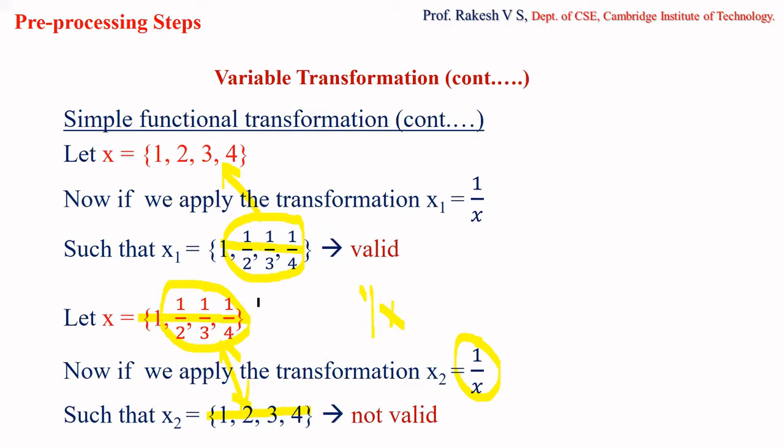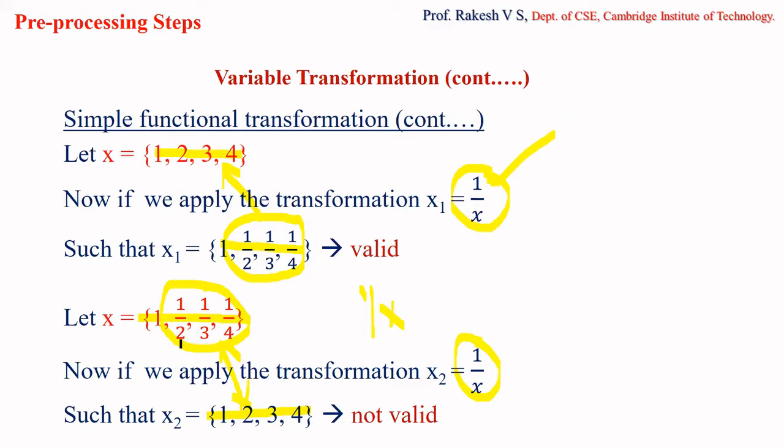When you apply a transformation, you should be very careful, because it is going to change the nature of the data. Hope you have understood this example. The transformation we were applying was 1 by x, and for the analysis we want values less than the actual values. In the first case it was valid, because applying the transformation gave new values less than the original ones.